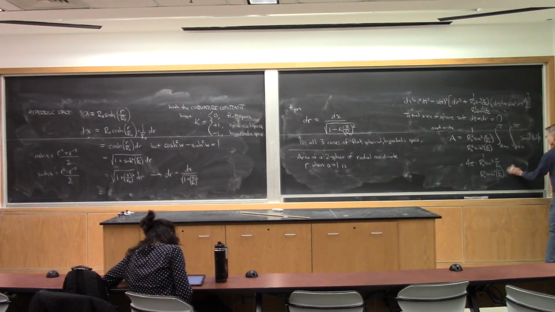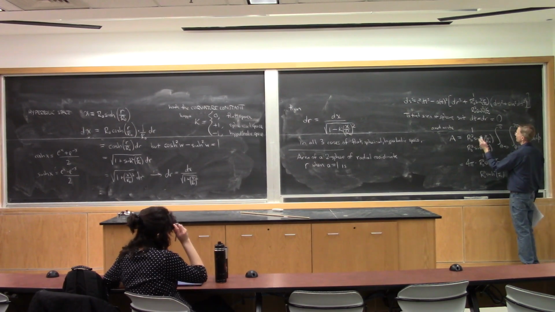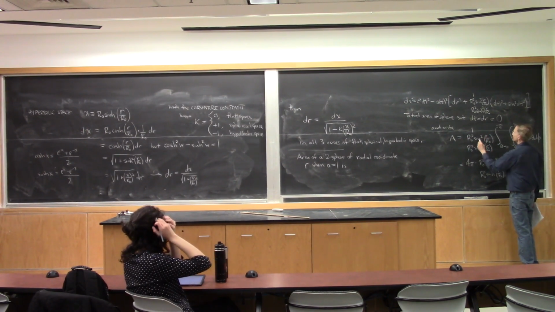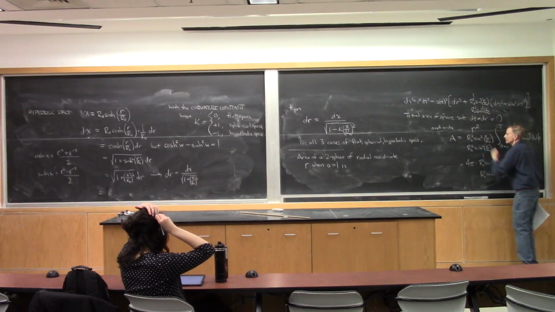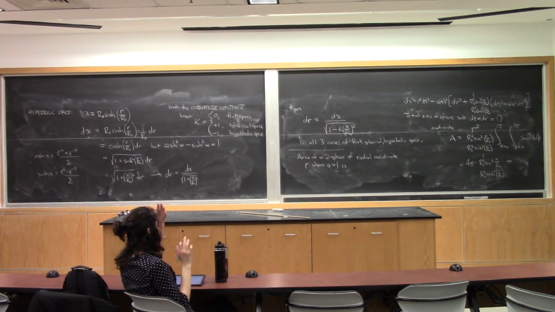Notice I can do the following. If we are in spherical space, then, sorry, over here, I made a mistake. This is supposed to be just r squared if we are in flat space.